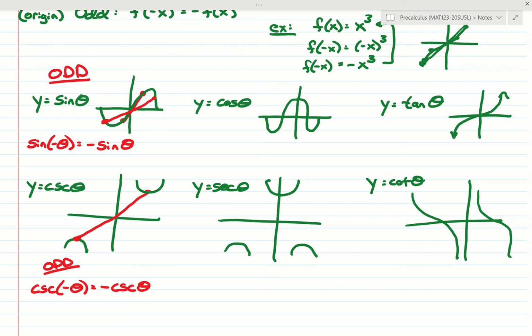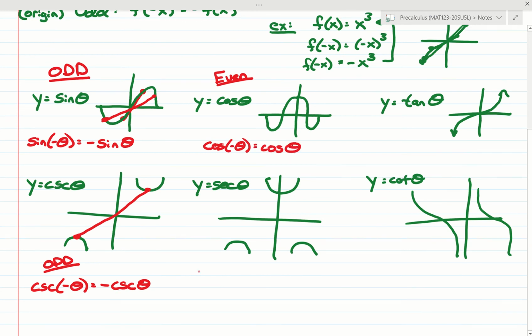It looks like cosine is even because it has symmetry about the y-axis, which means that the cosine of negative theta is equal to the cosine of theta. Similarly with secant, this is also an even function, meaning that secant of negative theta is equal to the secant of theta.